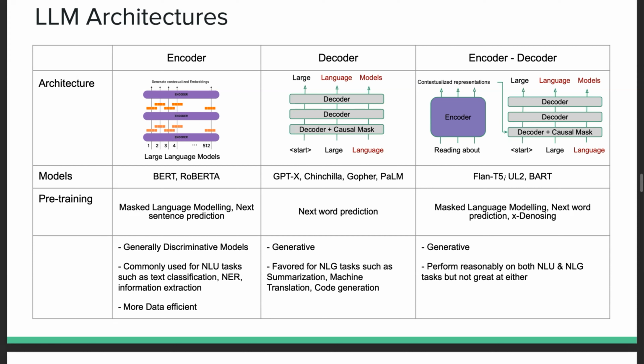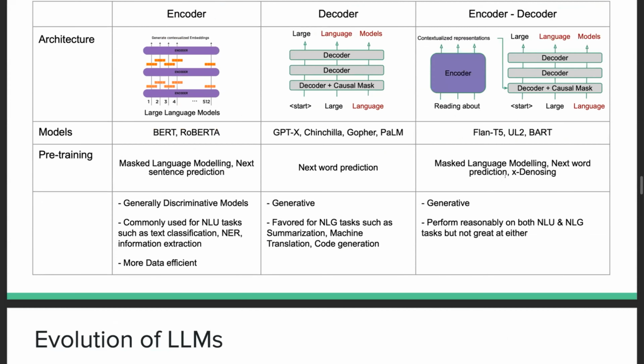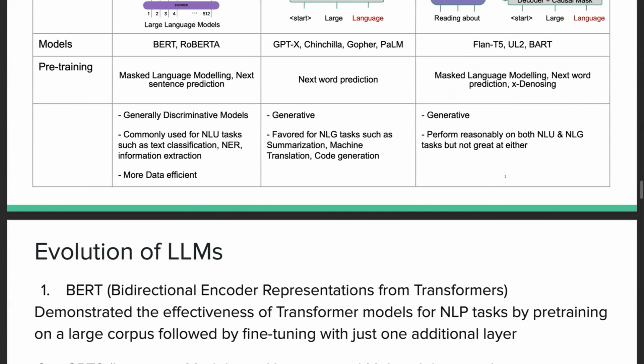When you talk about large language models these days, you would generally not stumble upon encoder only large language models, because their utility is limited to just discriminative tasks, whereas you want to generate text. And so GPT, ChatGPT, all of these are generative models, and so they are decoder models, or they have a decoder. I think there's probably a lot more to cover here, but I'll move on.